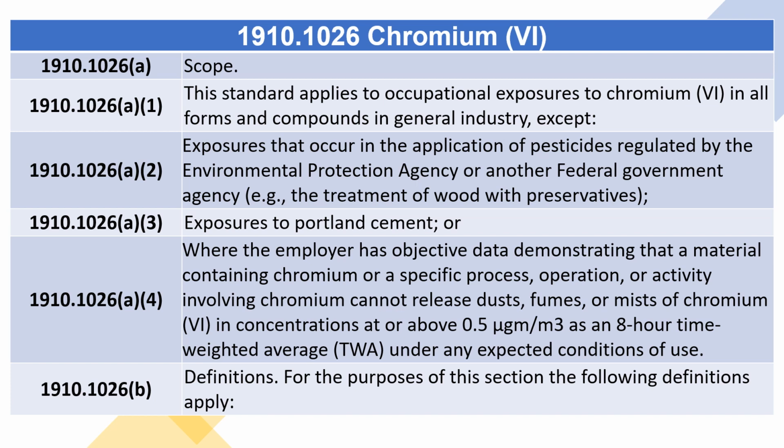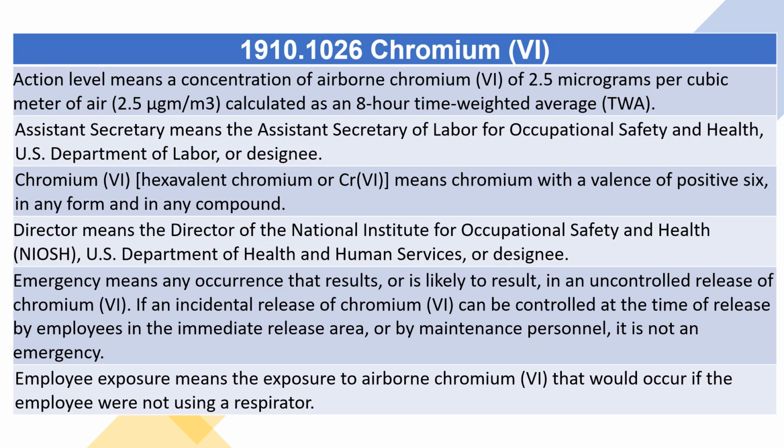1910.1026(b), Definitions. For the purposes of this section, the following definitions apply. Action level means a concentration of airborne chromium (VI) of 2.5 micrograms per cubic meter of air (2.5 µg/m³), calculated as an 8-hour time-weighted average (TWA). Assistant Secretary means the Assistant Secretary of Labor for Occupational Safety and Health, U.S. Department of Labor, or designee.